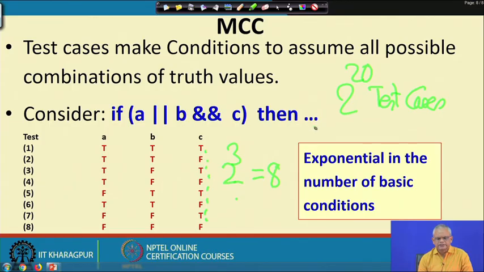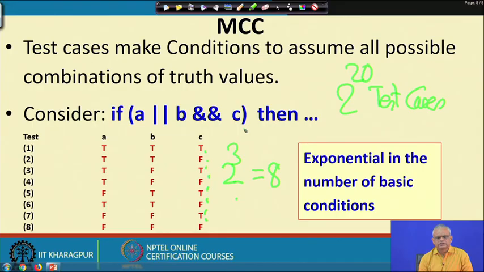We can therefore say that the multiple condition coverage is a strong form of testing when there are branches, but then it is impractical, because it requires too many test cases when we have multiple clauses or sub expressions, 10 or more, or even 8, 7, these also lead to a large number of test cases.